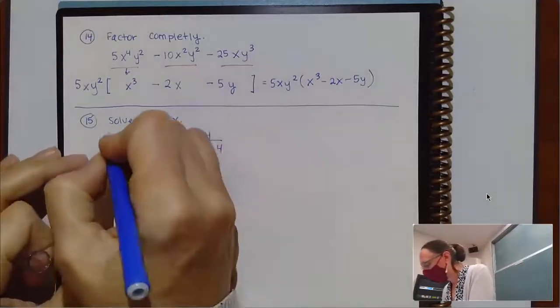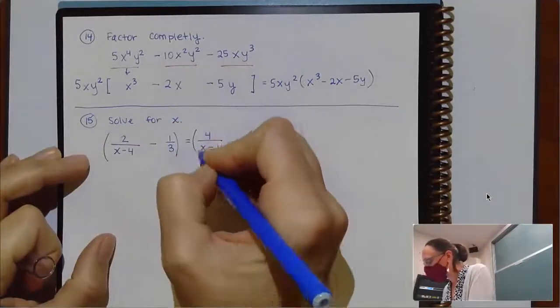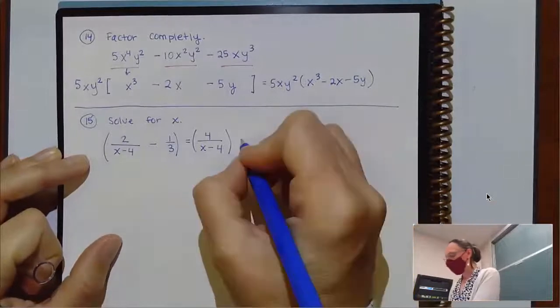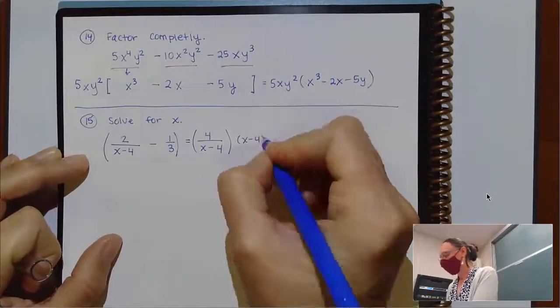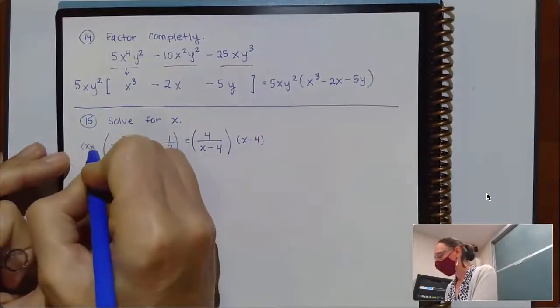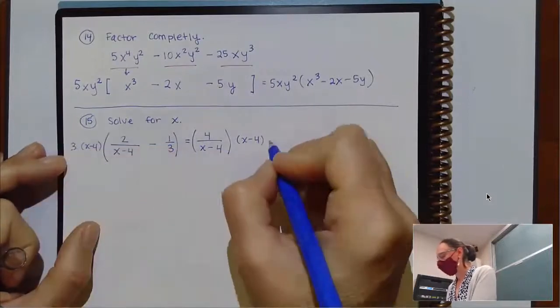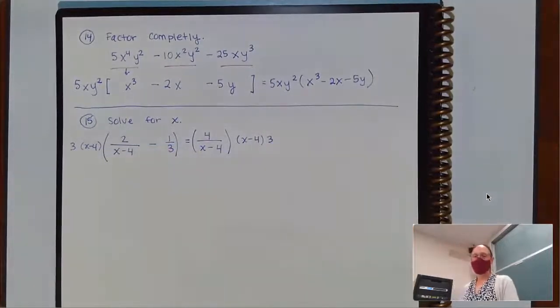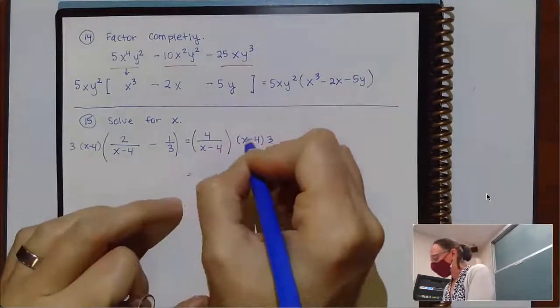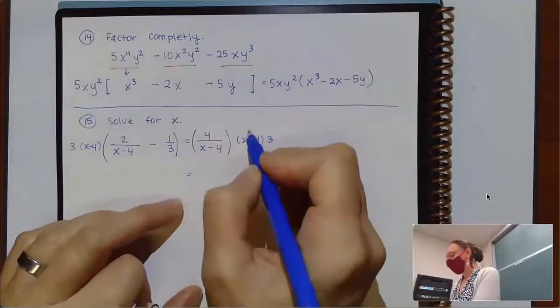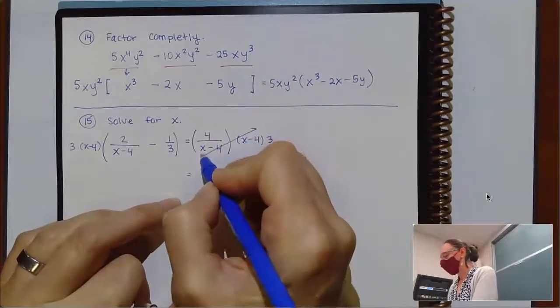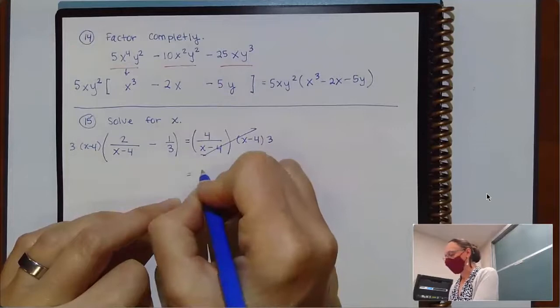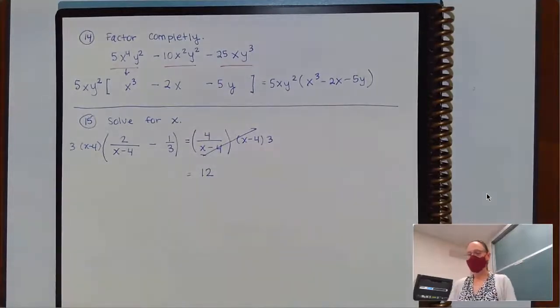So I'm going to come in here and multiply both sides by X minus 4 and also by 3. On the right-hand side, that means that my X minus 4 over X minus 4, that's my 1. I'm just left with the 4 times 3, or 12.